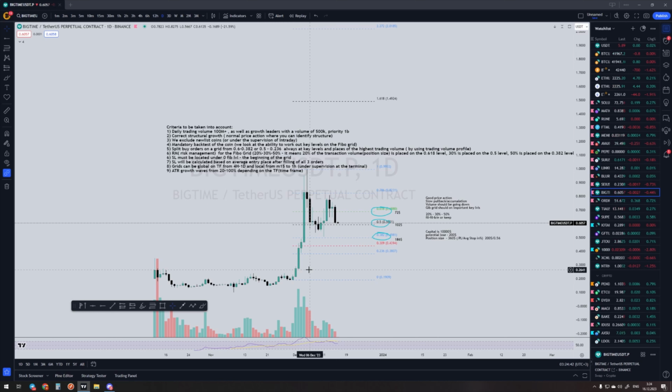And as I said, it can be global from 1 hour to daily, and from 50 minutes to 1 hour if you're doing it in front of your trading terminal. 8-year growth waves, not many people know it, but you can just Google it, and it will be better if you read about it, and I don't need to explain exactly what it is.